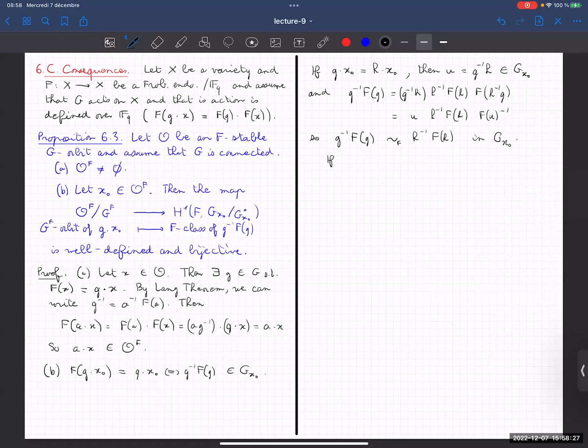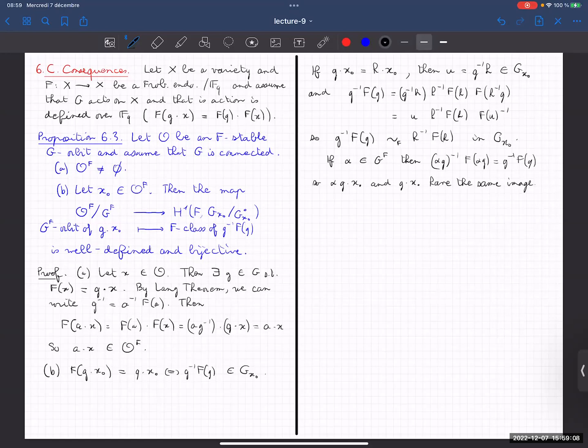And now, if alpha is an element of G^F, then through this map, you can check that if you compute (alpha g)^{-1}F(alpha g), this is equal to g^{-1}F(g). So in particular, alpha g·x0 and g·x0 have the same image under this map.